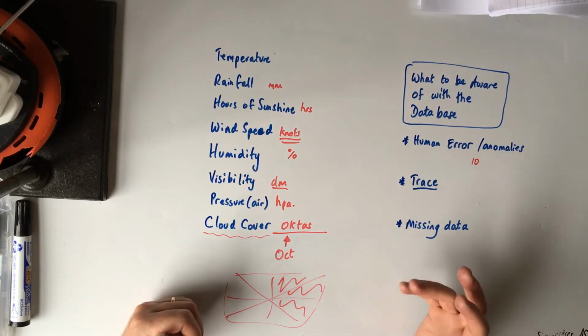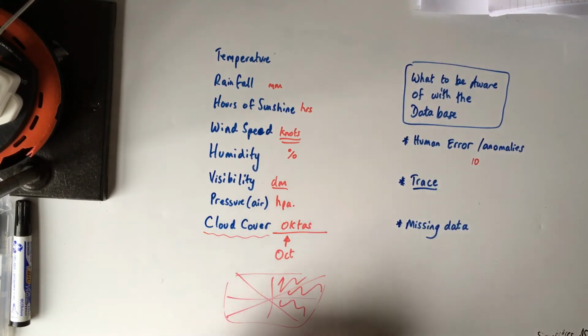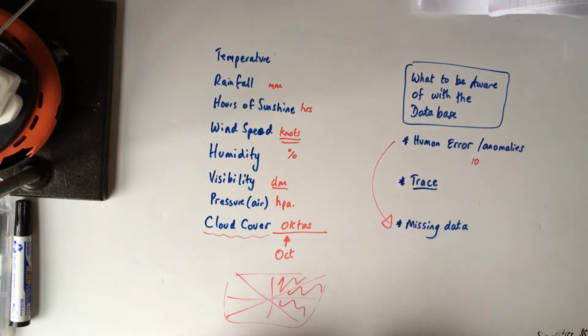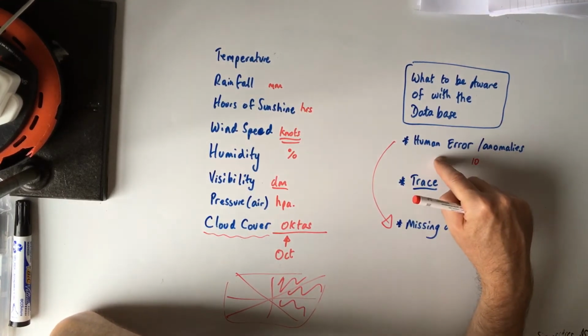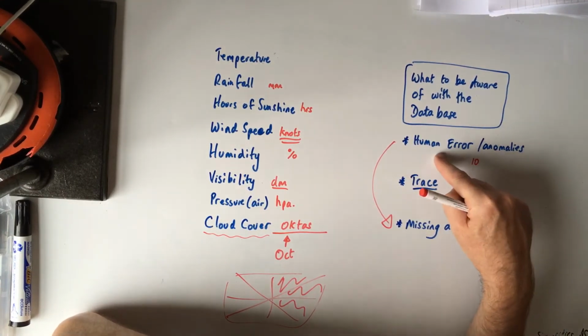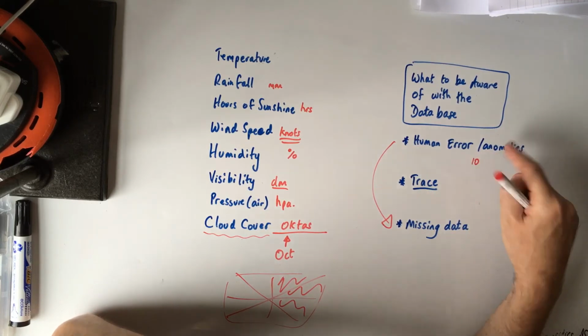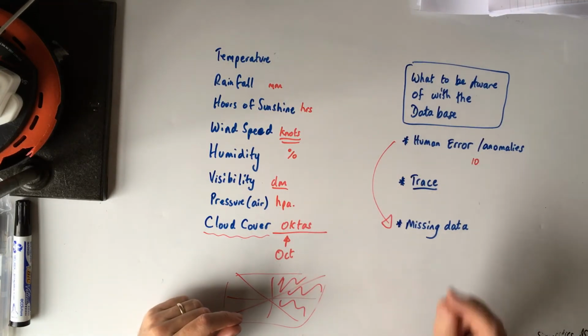Okay, so you have to be aware of human error. Human error may be linked to missing data as well, because they forgot to put someone in. I'll talk about that in a second. But always look at the data, look for human error and anomalies. And when you see an anomaly, something that doesn't really fit the trend, you've got to question yourself, was that right?